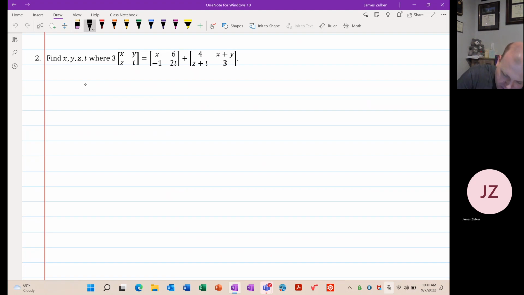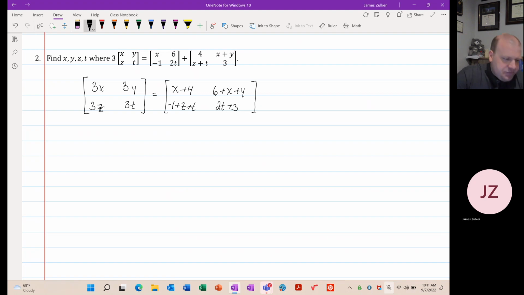So we're going to do scalar multiplication here on the right. And then we will add.